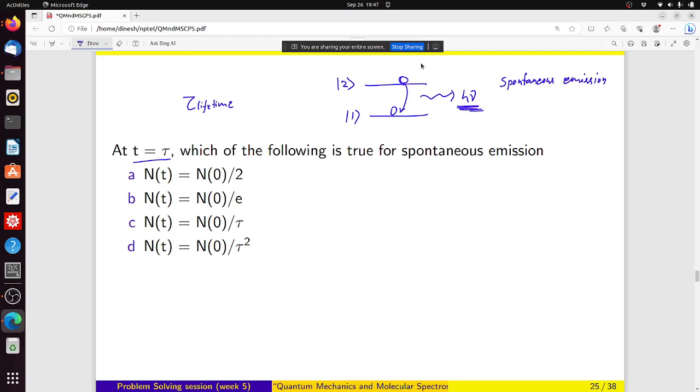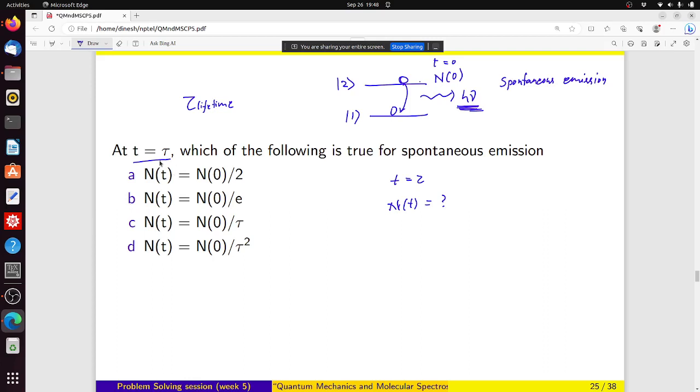Right. So let's say at time t equal to 0, the population of this excited state was n of 0. Now at time equal to tau, what will happen? Which equation is correct? I already discussed this in question number 1.